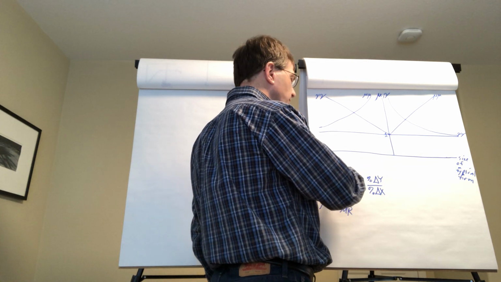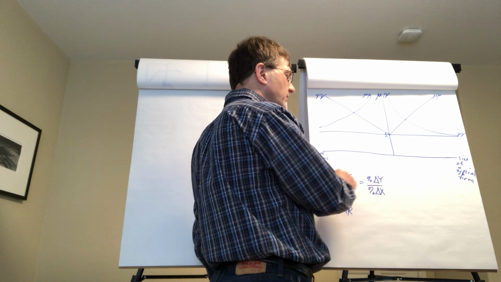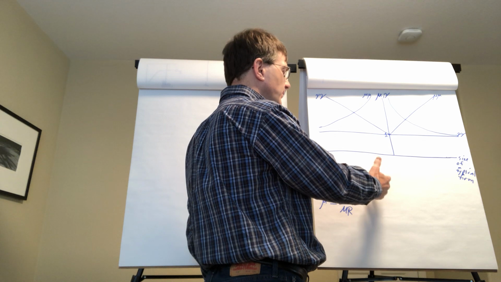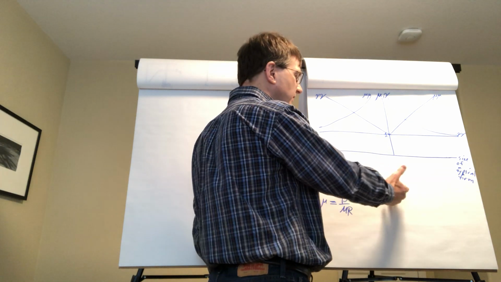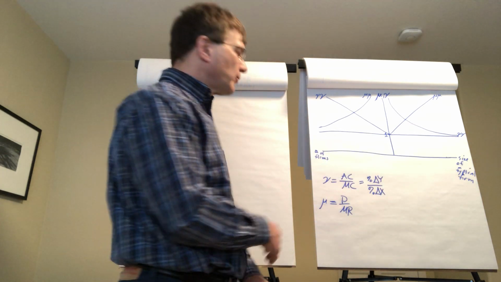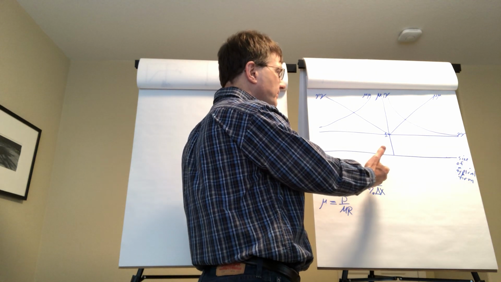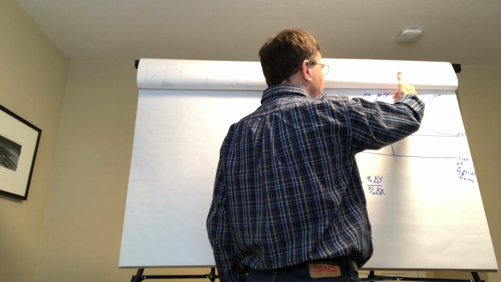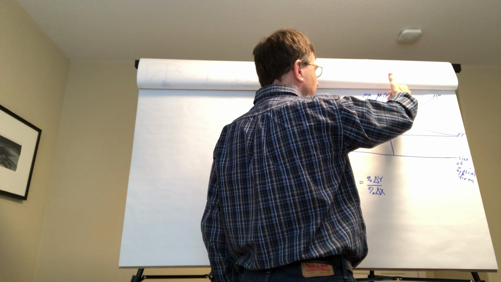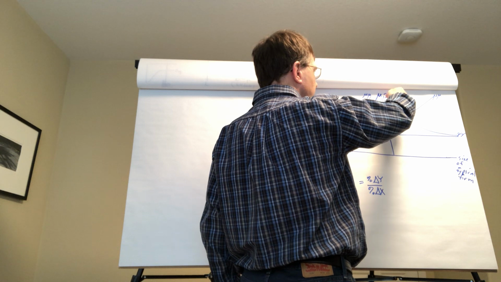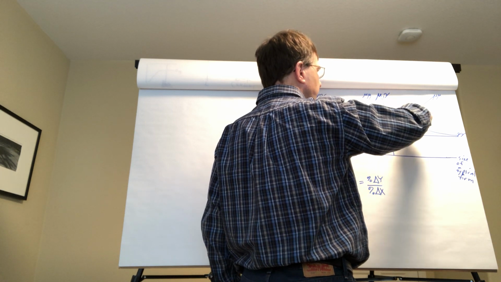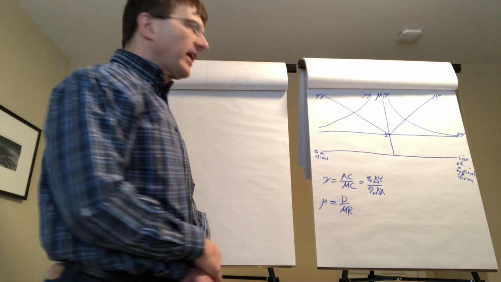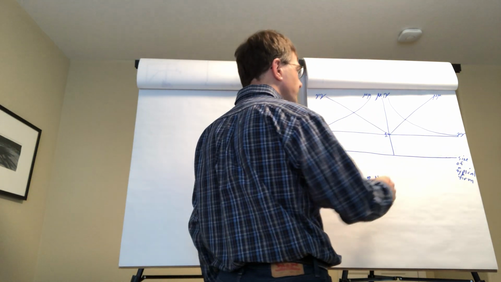So returns to scale, remember, is the percent change in output per percent change in input. Think of a 1% change in input: how much more output do you get? That percentage change in output is much bigger when the firm is small, and then it gets to a fairly efficient scale and you're getting close to constant returns to scale.